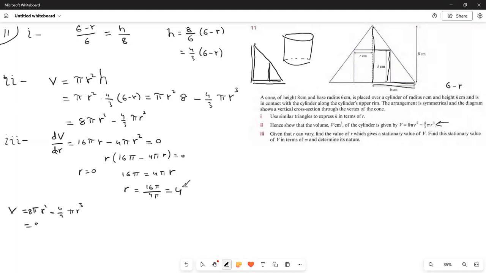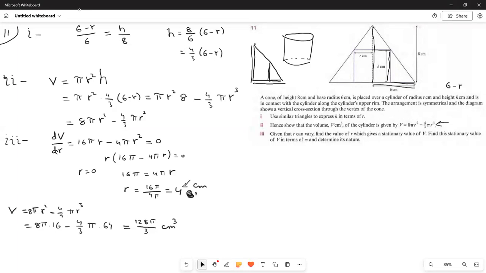So it will become 8 pi times 4 squared, which is 16, minus 4 by 3 pi times 4 cubed, which is 64. When I simplify all of this, it gives 128 pi by 3 cubic centimeters, and r was 4 centimeters.